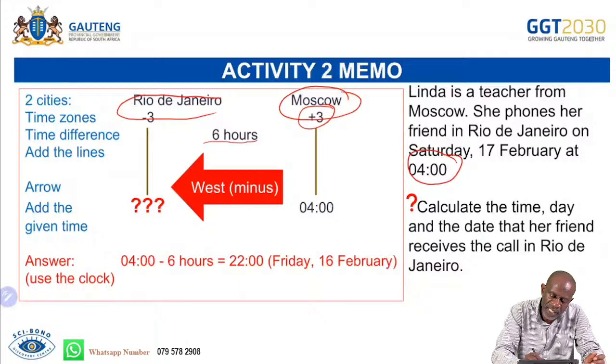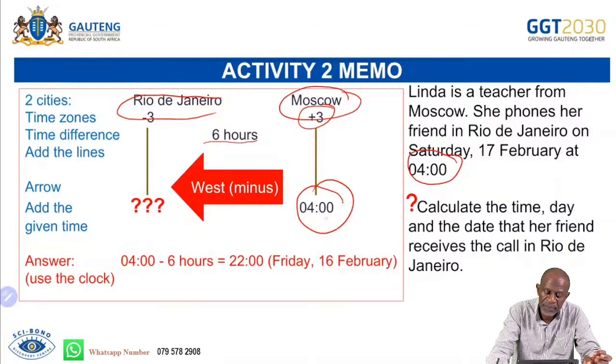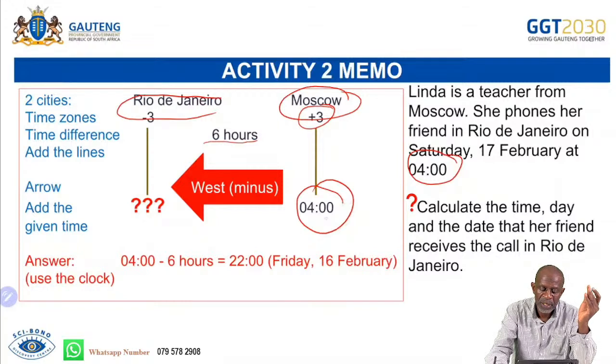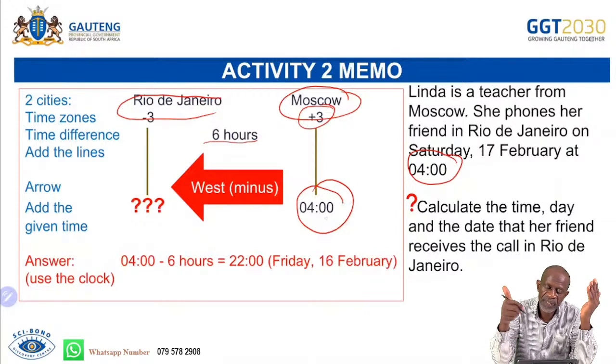We are moving westward, so as we move backwards 6 times, you count from 4, you'll have 3, because we are minusing. You'll have 2, you'll have 1, you'll have 00 hours, which is our midnight, and you'll get to 23 hours and arrive at 22 hours.